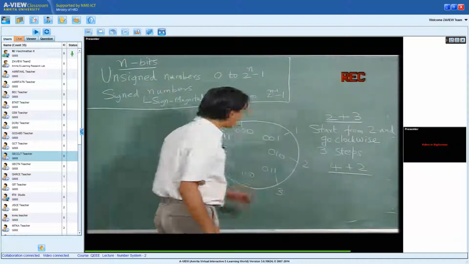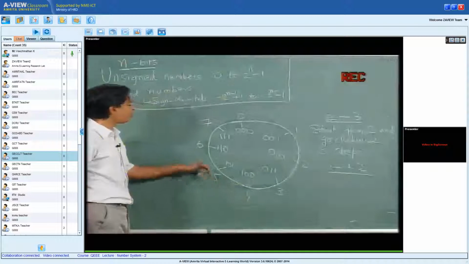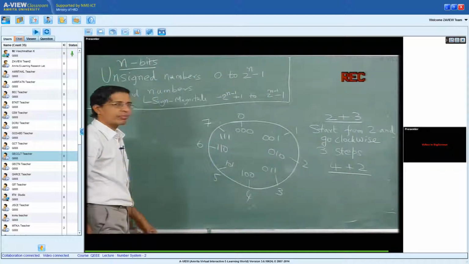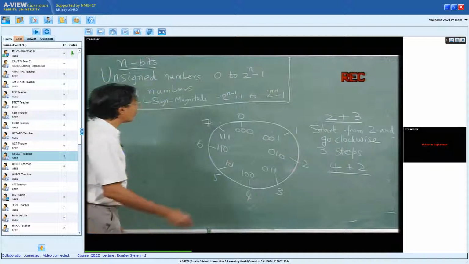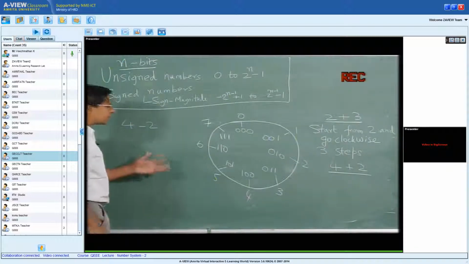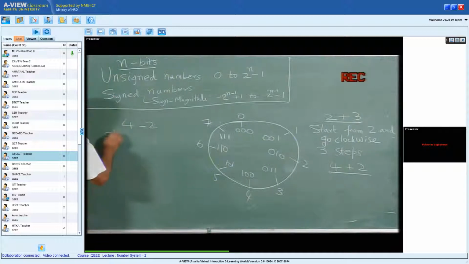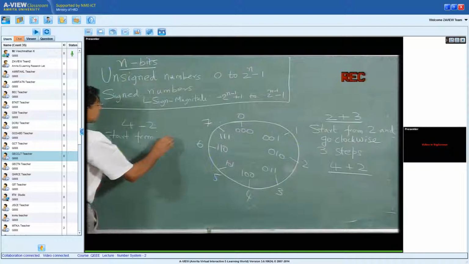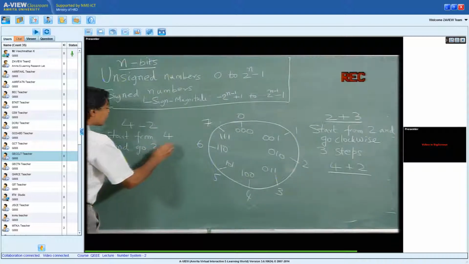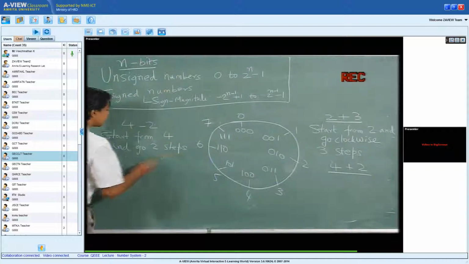I start from 4 and go 2 steps clockwise. 5, 6. Similarly, I want to do 4 minus 2 for some reason. The same cycle can be used. Start from 4 and go 2 steps anti-clockwise.